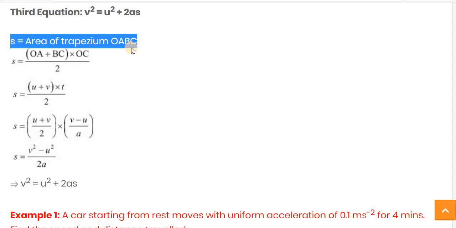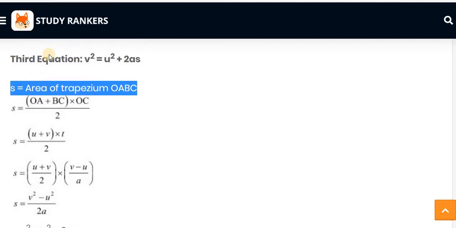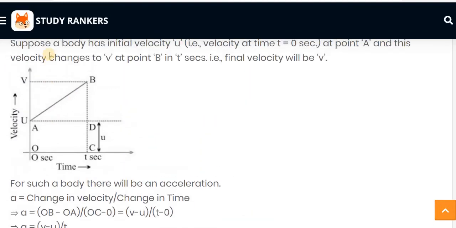Here, instead of putting the values of both areas, means the triangle and the rectangle, we are directly using the formula of the trapezium. Trapezium formula, S is equal to the summation of both the parallel lines, OA plus BC. Just a minute, I will show you in the graph so you can easily understand.